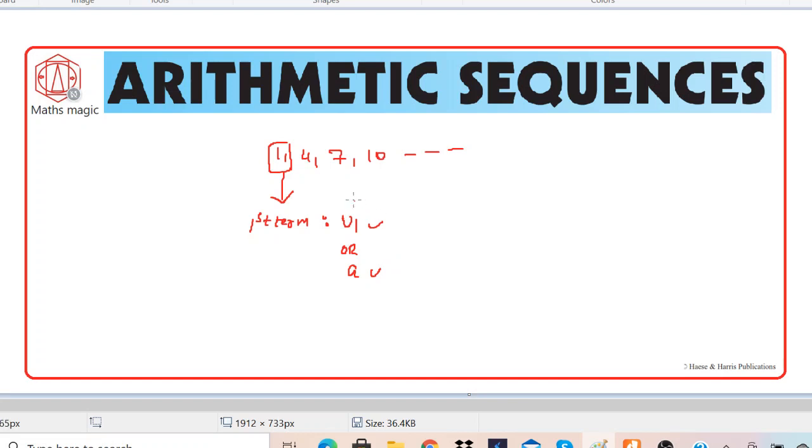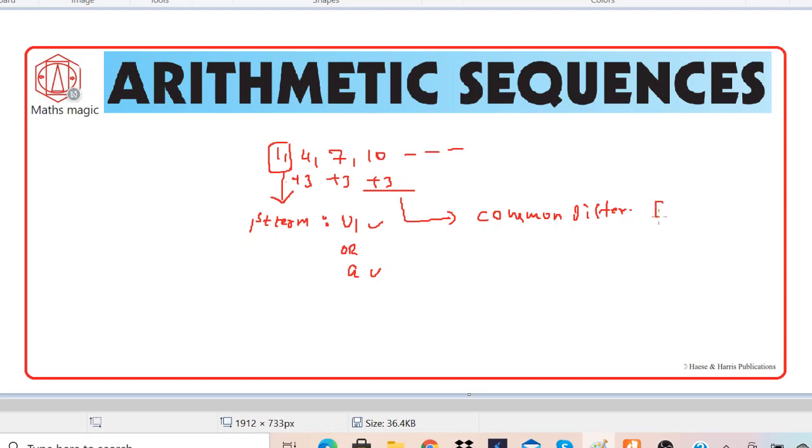Now the next terminology which you will use is about this constant change. Over here you can say it's increasing by +3, +3, +3. So this constant change is called the common difference.